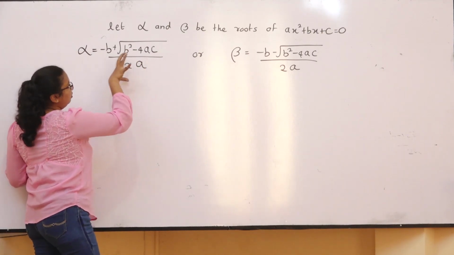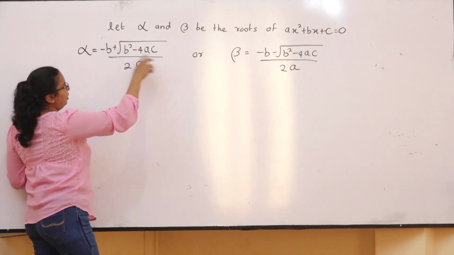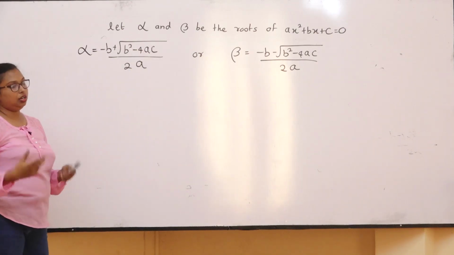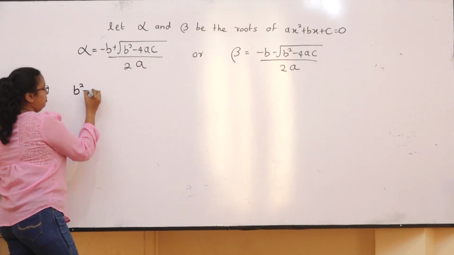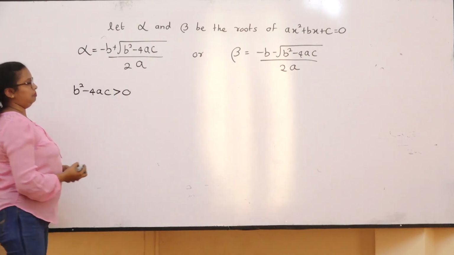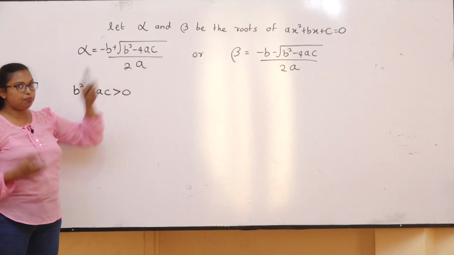I am going to teach you what happens to the value of alpha and beta when this b squared minus 4ac differs. Now, for example, let us take when b squared minus 4ac is a positive value, the thing inside the square root is a positive number.